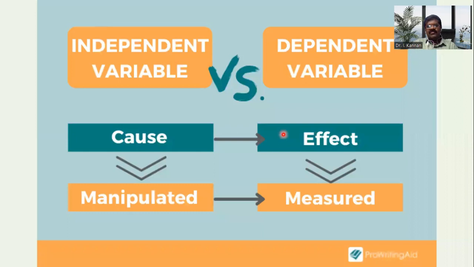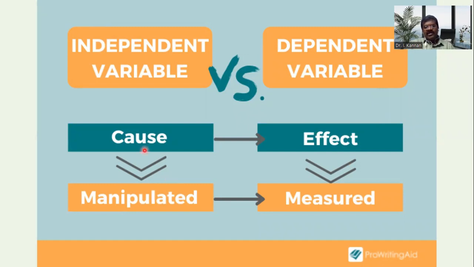Basically, most studies will have two types of variables, the independent variable and the dependent variable. The independent variable creates a cause, and that produces some effect on another variable, which we call the dependent variable.